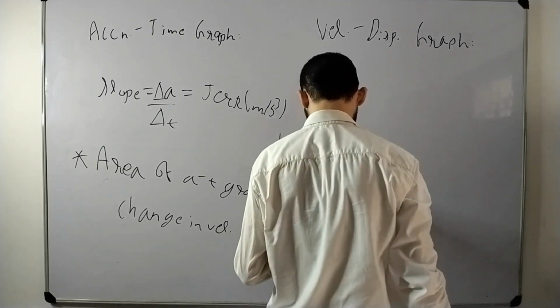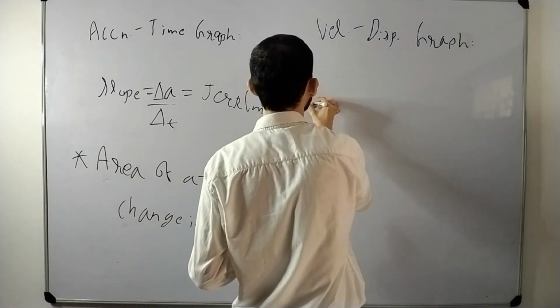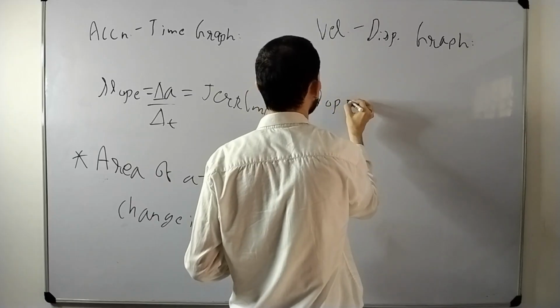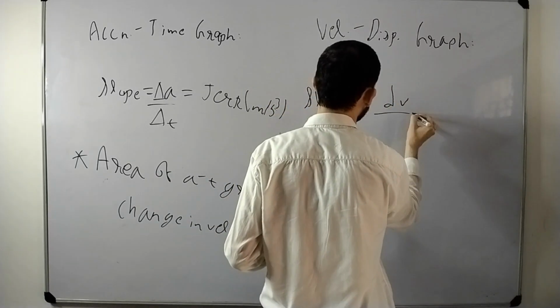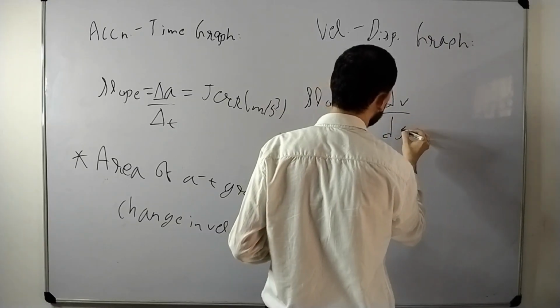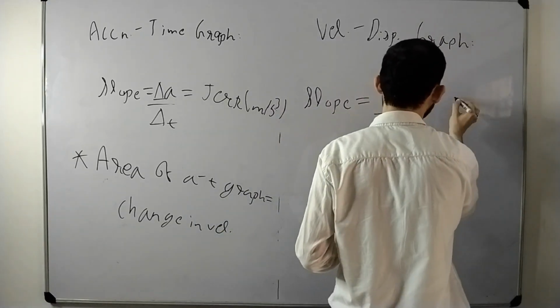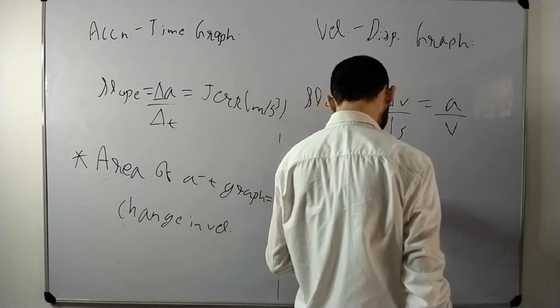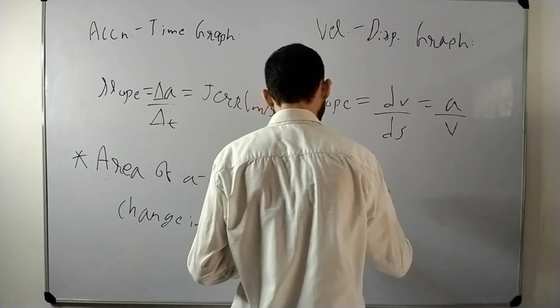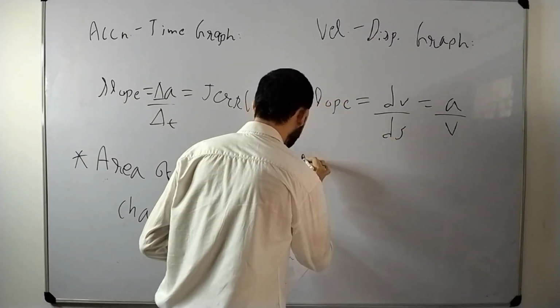See, student, slope of velocity displacement gives us acceleration upon velocity. So what should I write?